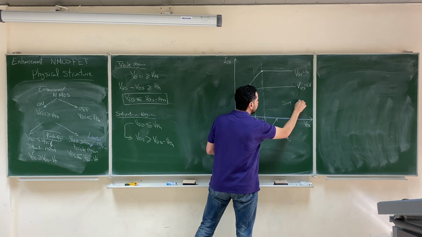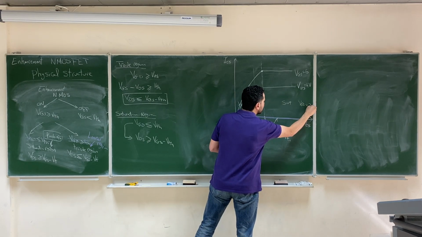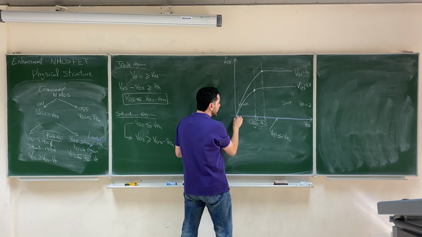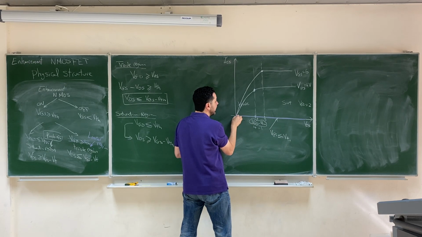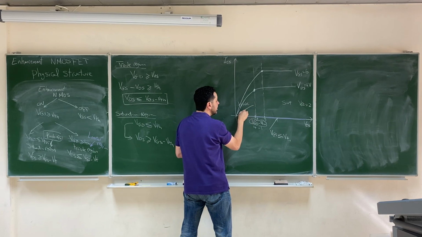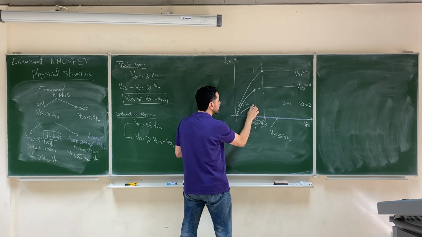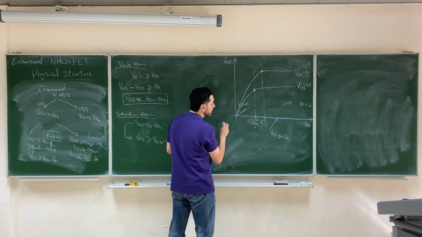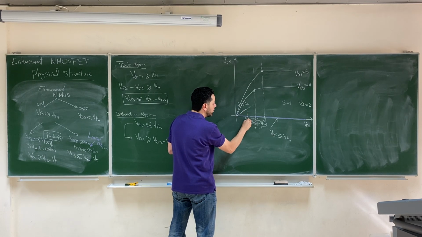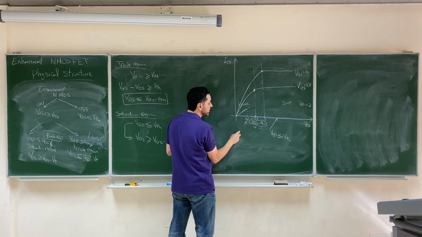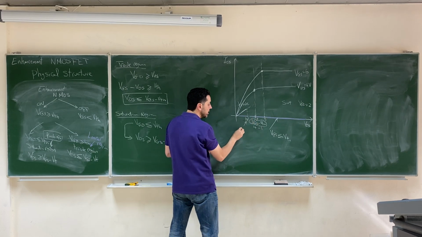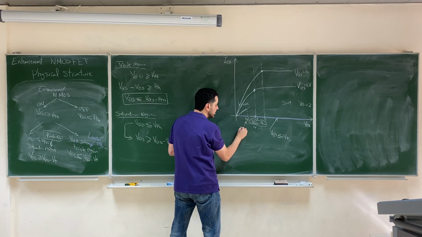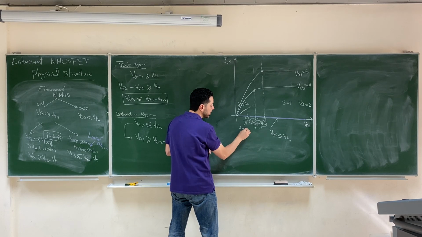So for example, if we take VGS equals 2, then again we are going to get a linear relationship here until we reach VGS minus V threshold. VGS minus V threshold here will be 1 volt, right? When VGS is 2, it will be 2 minus 1 equals 1.